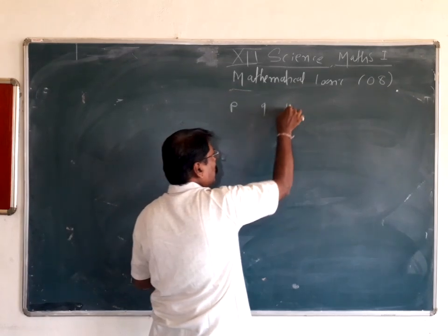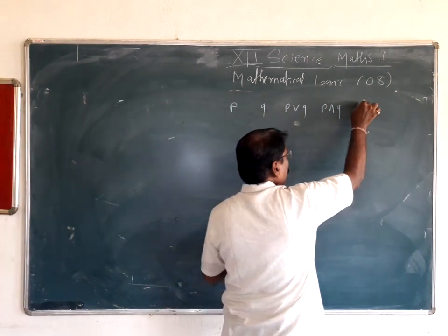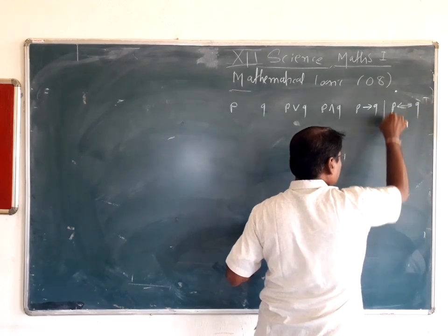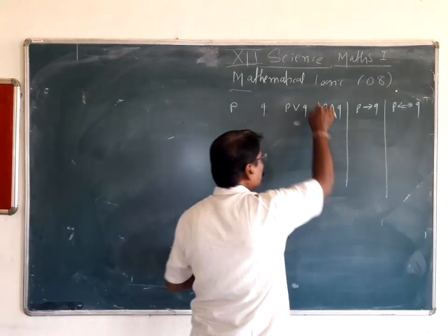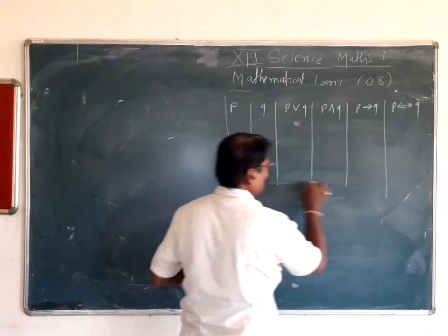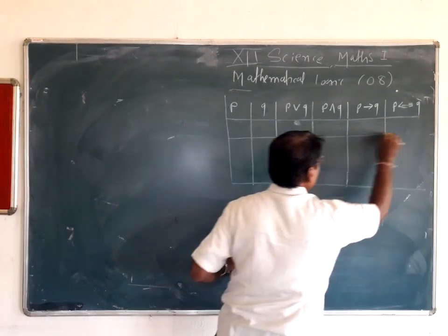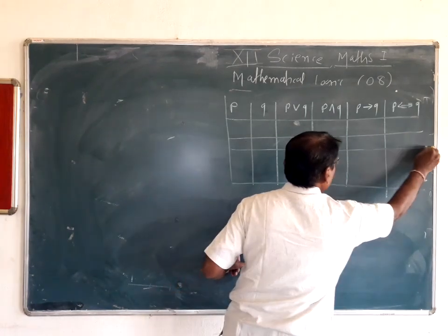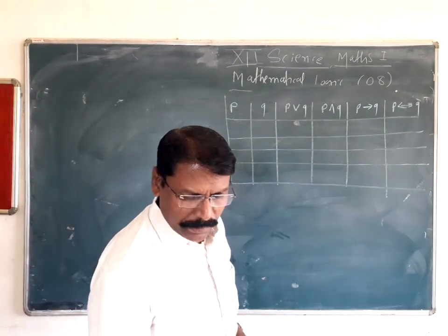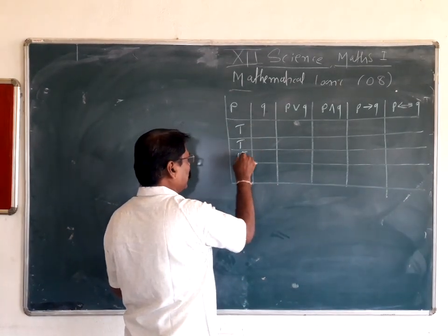P, Q, P or Q, P and Q, P implies Q, P implies and implied by Q. This is a key for solving the examples.